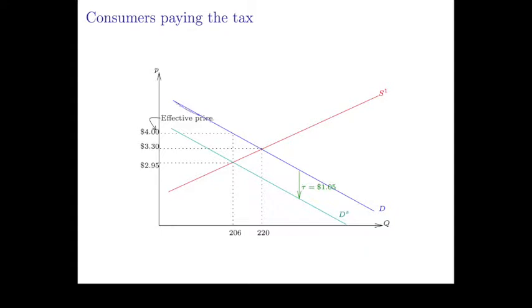We were originally at this demand curve, and then we shift down to this new demand curve. This is the demand curve with the specific tax. Now, even if the price were $2.95, the effective price is $4.